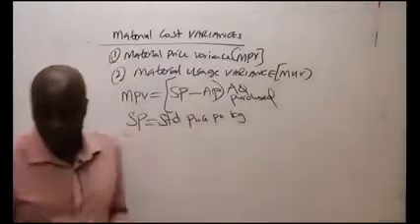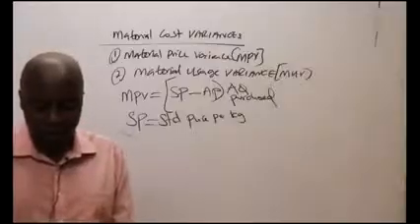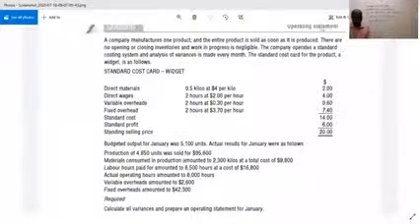So if you look at the question that is pinned there, ladies and gentlemen, you will be able to see the standard cost card of producing a widget. Immediately after the first paragraph, we are told that the company operates a standard costing system and analysis of variances is made every month.